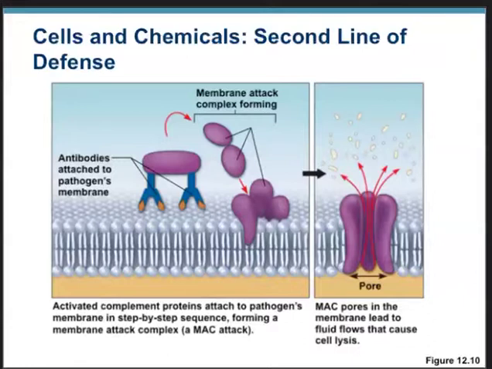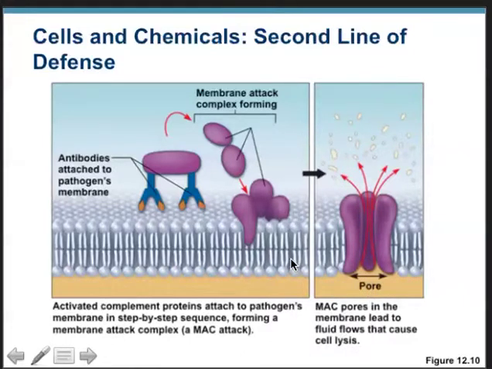And what you're looking at here in this diagram is what we call the membrane attack complex, which is part of the complement cascade. What happens when these proteins assemble is that they will form a pore in the membrane, and that causes the cytoplasmic contents to leak out and the cell to die.